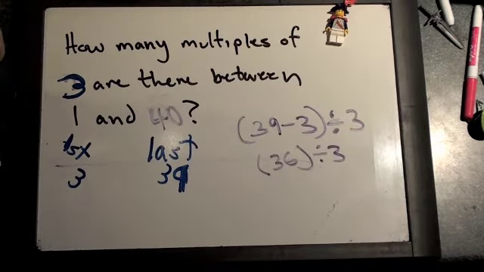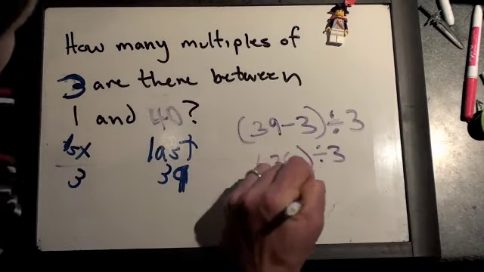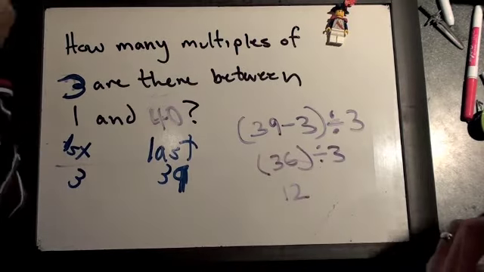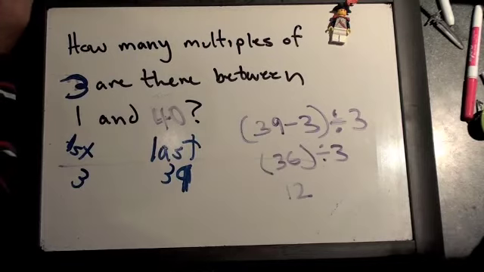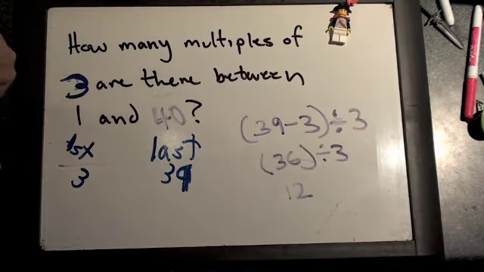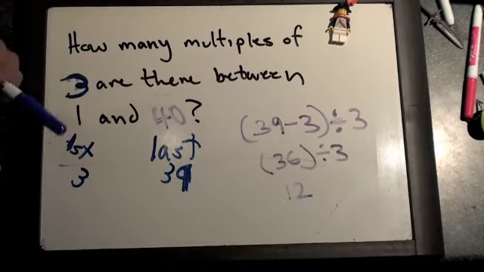It's 12. How did you figure that out? Because 3 times 10 is 30, and 3 times 2 is 6. Okay, so it's 12. So do you remember what our answer is going to be now? How many multiples of 3 are there between 1 and 40? Then you just add 1, so 13.